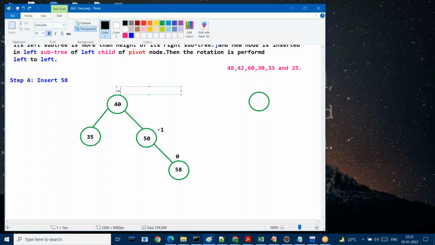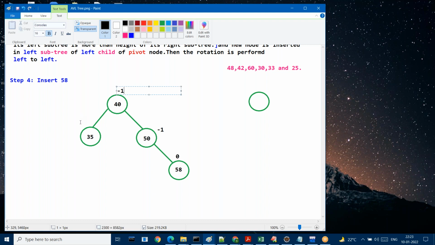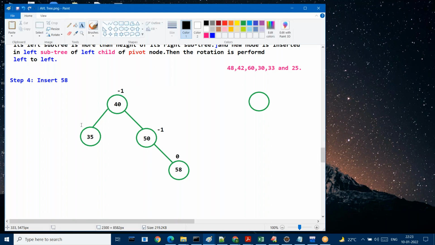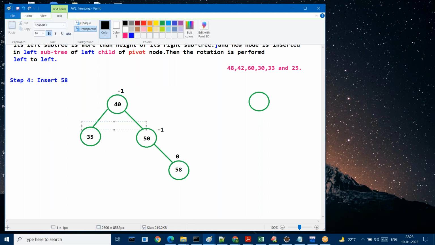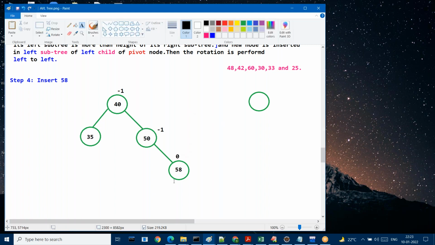Still -1. Correct. 35 balance factor. 35 is 0. Sir, 35 is needed, sir? No, not needed. Newly inserted node to root node. Why should I calculate 35? Unnecessary wastage of time. Just newly inserted node to root node.